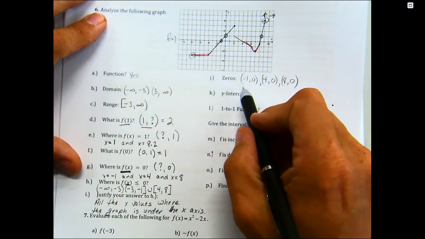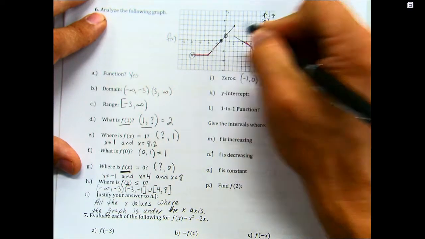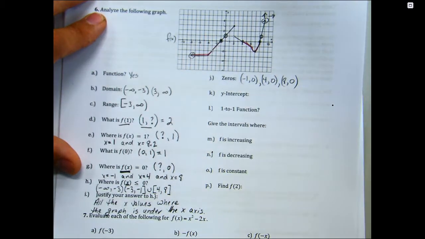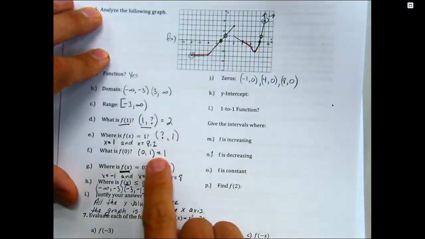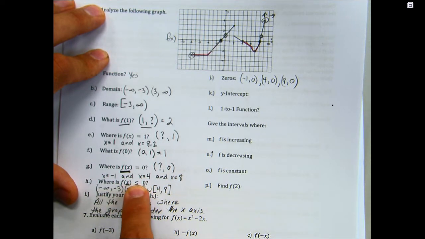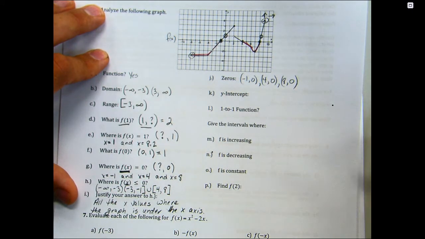Okay, so these are coordinates now. We're just talking about the actual points where the graph crosses the x-axis. Okay, so when you see zeros, here we've got an interval, which is implied from the inequality here, and here we've got points because they're asking for zeros.